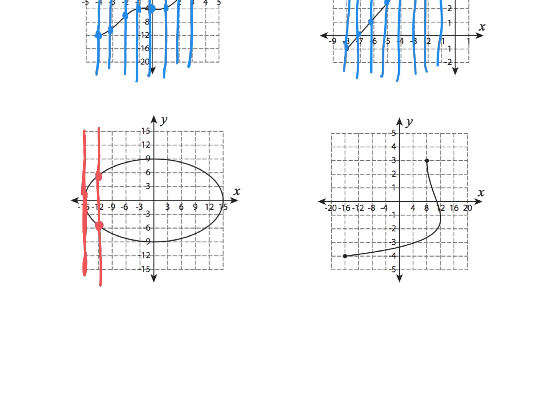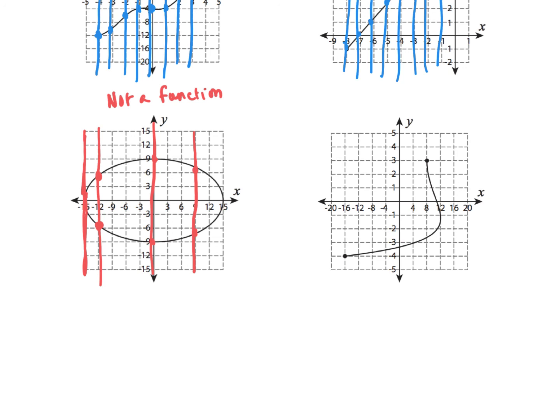So if any vertical line touches in more than one spot, then we know this is not a function. And I could drop any vertical line. It didn't have to be there, but the minute I can find any vertical line that hits in 2 spots, and in fact we're going to be able to find several of them, the minute you use one that hits the graphed figure in 2 spots, it's not a function.